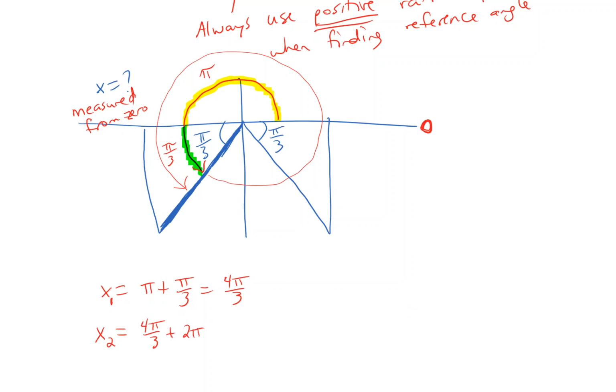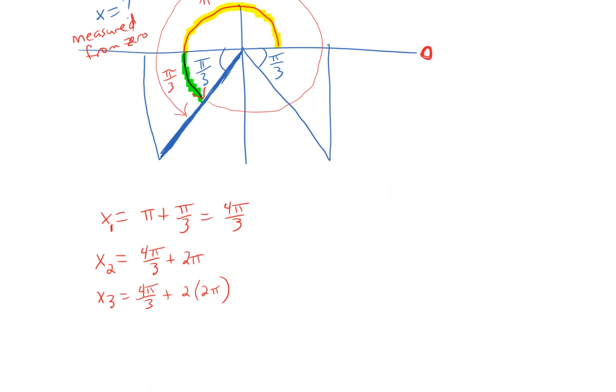If I continue that pattern, my next x value is going to be 4 pi over 3, my starting point, plus 2 times 2 pi. So you could call x sub 1 4 pi over 3 plus 0 times 2 pi, because you're not adding any additional rotations. You could call 2 pi adding 1 times 2 pi. And if you keep going, you're just going to keep adding more 2 pi's.